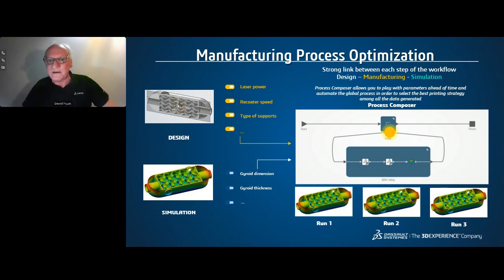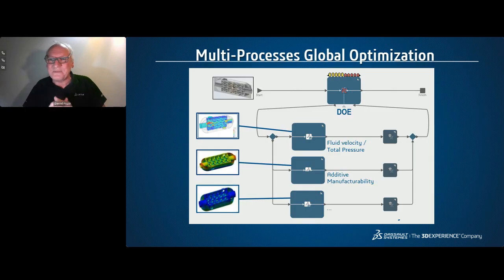Both processes are valid in CATIA. And the beauty of the platform is that you can do multi-physics optimization. So not only are you optimizing the heat exchanger efficiency, but also the printing process, reducing the distortion. Again, you can do really multi-physics optimization in the platform. That's the beauty of 3DEXPERIENCE.